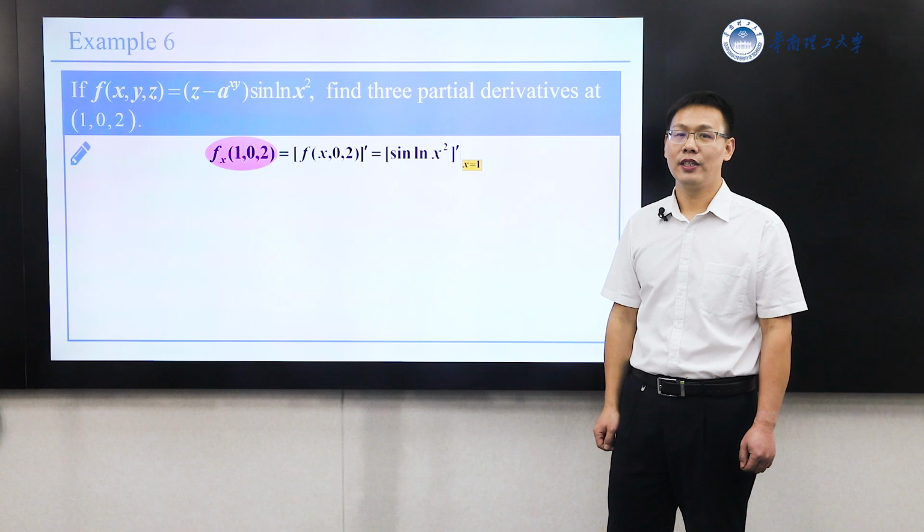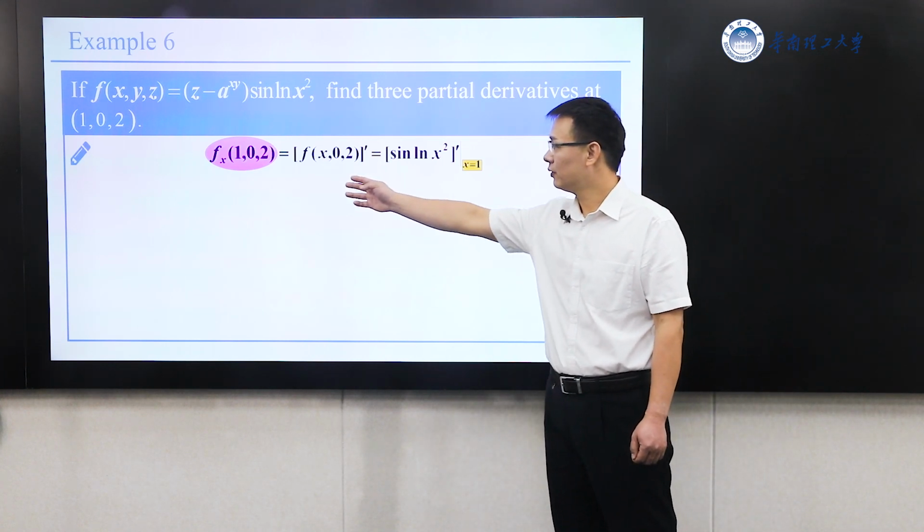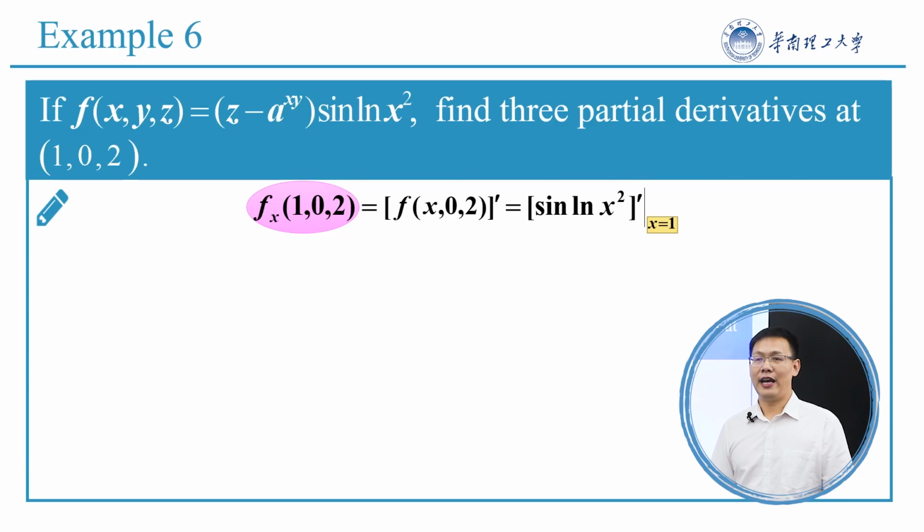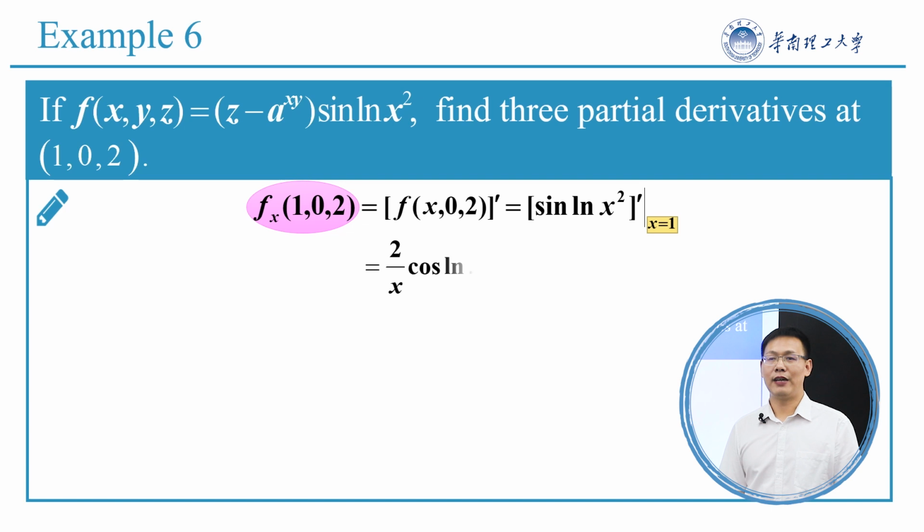Then f is regarded as a function of one variable x. f(x,0,2) equals sine of log x squared, and its derivative is 2 over x times cosine of log x squared. At point 1, its derivative is 2. So the partial derivative of f with respect to x at the point 1, 0, 2 is 2.